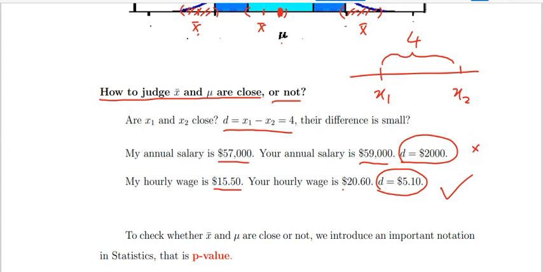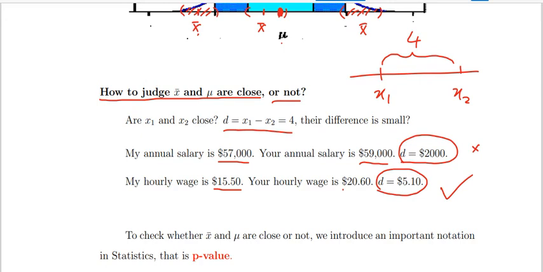So we really cannot judge whether a number is big or small only from the number. We should judge this based on the situation, right? So how to judge whether two numbers are close or not so close is actually not so straightforward.